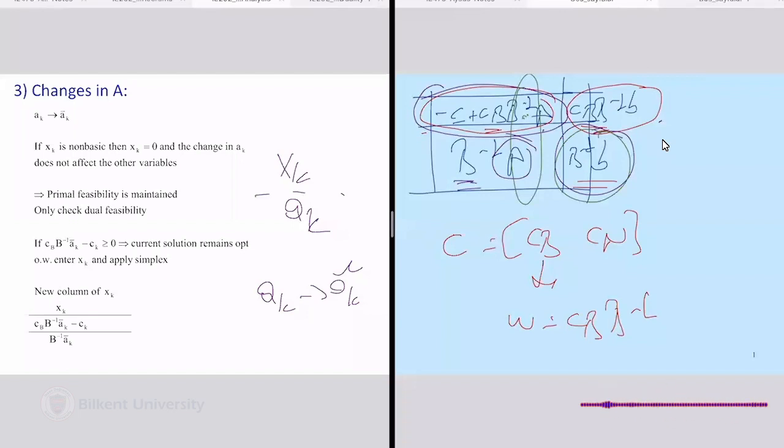So my current solution with everything still the same, B inverse, CB B inverse, nothing changes. All right? You just check. Of course, you have to update your simplex table with the new B inverse A tilde and CB B inverse A tilde minus C. So don't forget, you have to update your new column. But if the row 0 coefficient of this new column remains non-negative, life is fine.